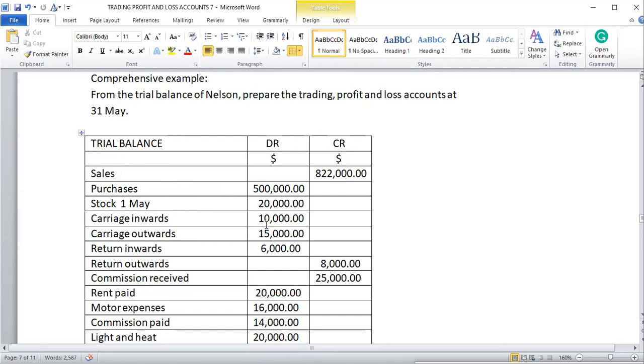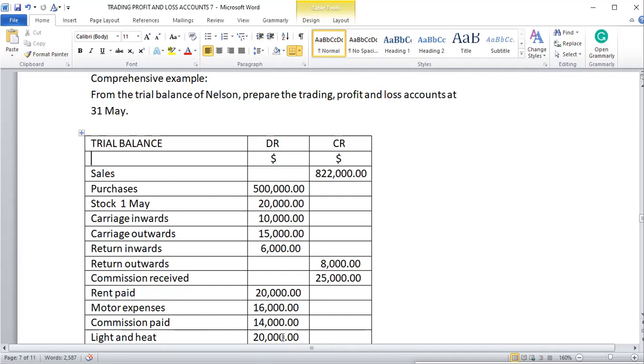Carriage inwards, $10,000. Carriage outwards, $15,000. Return inwards, $6,000. Return outwards, $8,000. Commission received, $25,000. Rent paid, $20,000. Motor expenses, $16,000. Commission paid, $14,000.